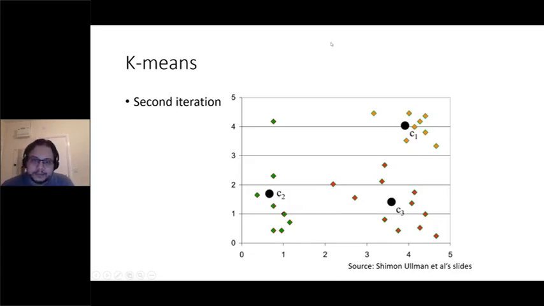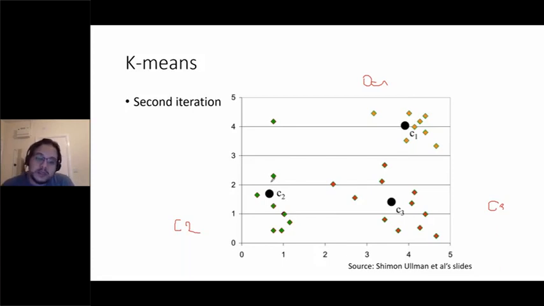Do you agree? If we go, this one, if it is here, C1 is here, C2 is here, and C3 is here. What is the better solution? This one or this one? The red one or the black one? Black one.